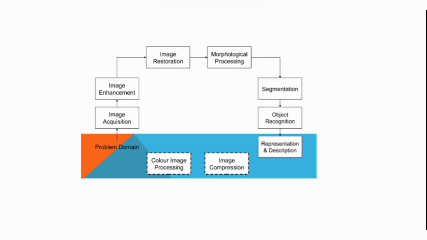Morphological processing basically deals with the tools for extracting image components that are useful for representation and description of a shape. The output of this process is image attributes. Segmentation is the process in which the image is converted into small segments so that we can extract more accurate image attributes.